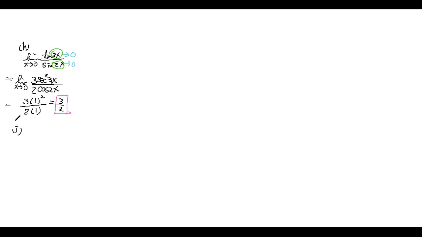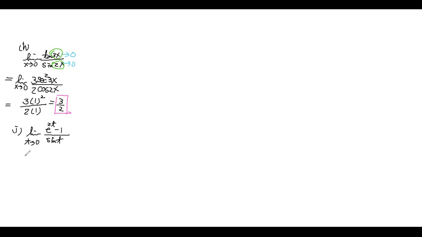Okay, let's take a look at problem I here. This is the limit as t approaches 0 of e^(2t) minus 1 over sine t.